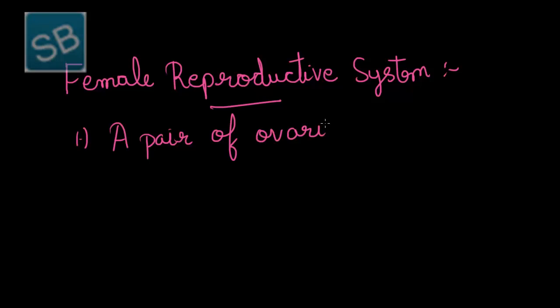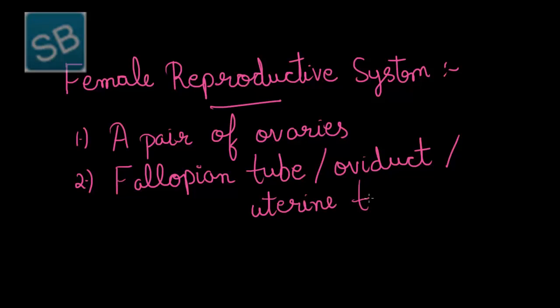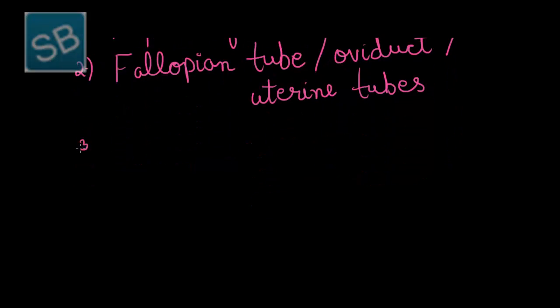The parts that constitute the female reproductive system include a pair of ovaries, followed by the fallopian tube, which is also known as the oviduct or uterine tubes, which is further followed by the third part, that is the uterus.